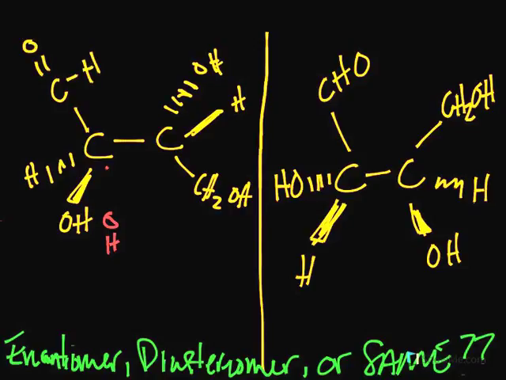Remember, CHO equals aldehyde. So you have to be able to picture that in your mind. If you can't do that, then erase it like I did and write out the aldehyde group like that. So that's what we have going on right there. That's an aldehyde. So what do we have there? We have a carbon.